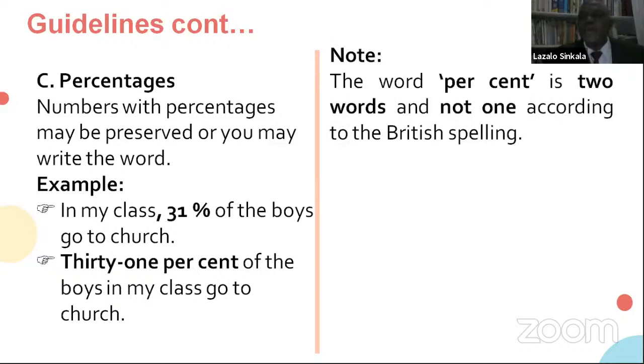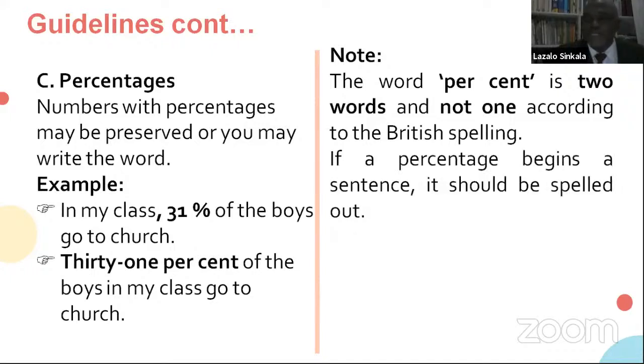The word percent is 2 words and not 1, according to the British spelling. So again, these are things that people would look out for when testing whether the learners know how to write this or not. In fact, I must confess, even as teachers, most of us tend to forget and write percent as 1 word. If a percentage begins a sentence, it should be spelled out.